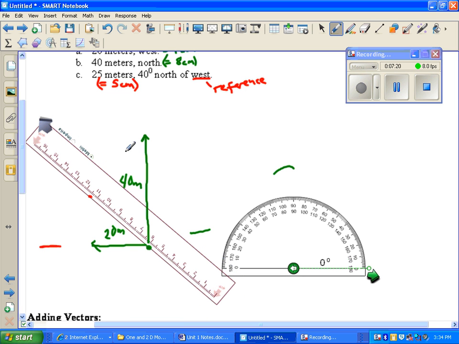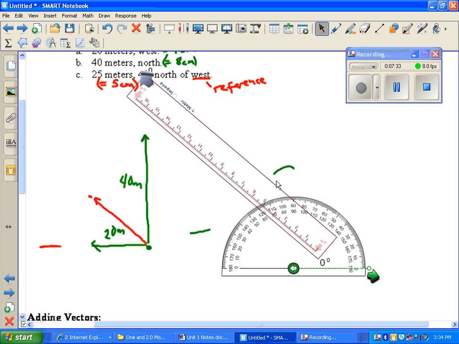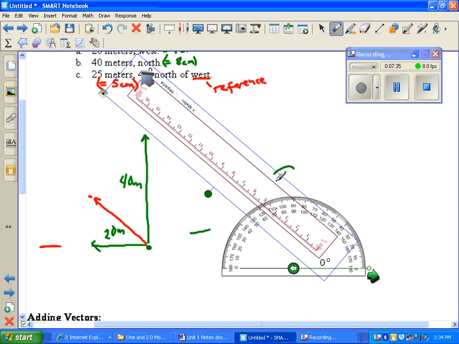Okay, so now it has to be 5 long, so if I'm starting at 6, I have to go to 11, and I would go right along here. And I would label that one 25 meters.